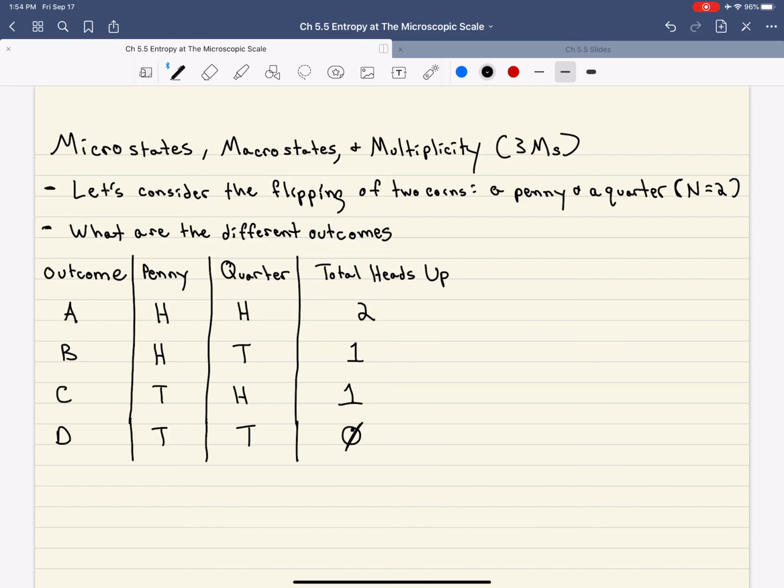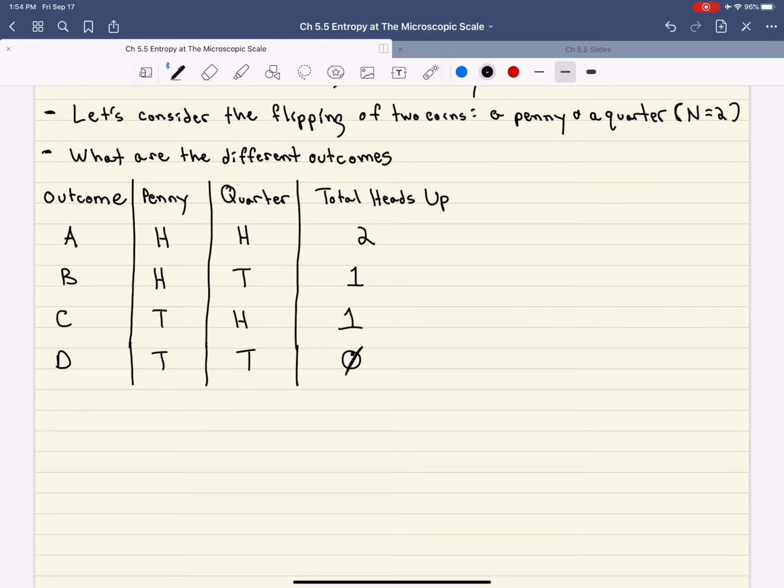Okay? All right, and so these are the different outcomes that we could get if we just flip a penny and a quarter at the same time and look at what face lands heads up. All right, and so the way that we would describe each of these outcomes is we would call each of these different outcomes of our pair of coins a microstate. Okay?